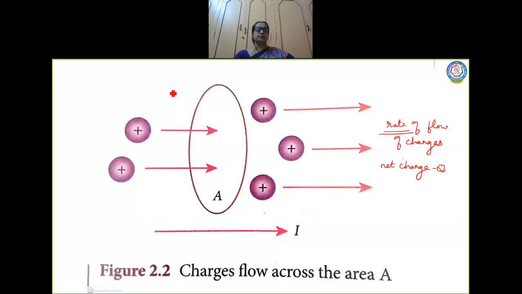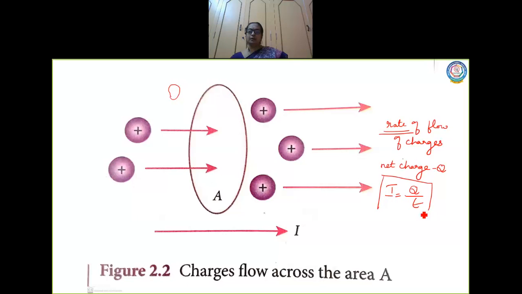If the area is smaller, the amount of charges entering will be less. Here you have more charges entering. So definitely how much charge is flowing through a conductor with respect to a particular time has to be taken into account, because the time will not be the same everywhere, it will be varying. So definitely time should be taken. So if a net charge is passing through this conductor at a particular time, then the current is defined as I, and this is the definition for current: I = Q/t.